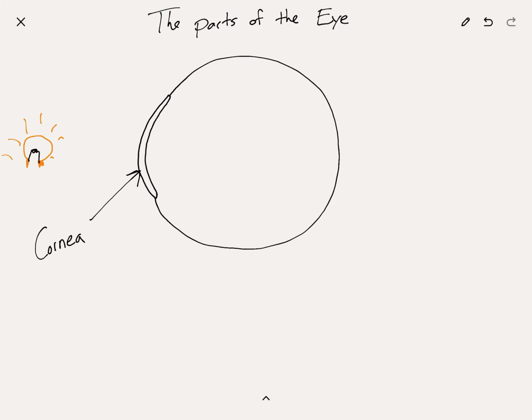So what I want you to do here is give a little horseshoe thing, and then you're going to go around here along the inside of your eye. Okay, and this is going to be representative of the retina.